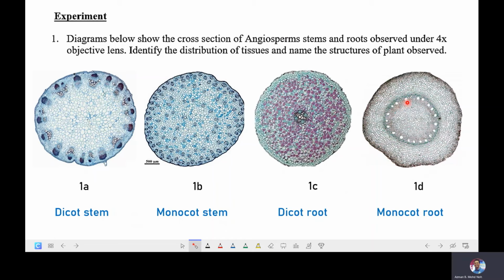The xylem will be the larger circles over here. Meanwhile, the phloem will be in between, with smaller vessels. So hopefully you can differentiate between the stem of the dicot plant and the stem of the monocot plant, and also the root for the dicot plant and the root for the monocot plant.